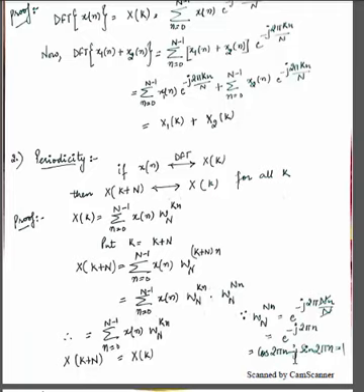If we put n equal to 0, then it becomes cos 0 minus j sin 0, and we know cos 0 is 1 and sin 0 is 0, so it becomes 1. If we put n equal to 1, then it becomes cos 2 pi minus j sin 2 pi. Again cos 2 pi is 1 and sin 2 pi is 0, so it again becomes 1. So twiddle factor raised to power capital N into small n is equal to 1.